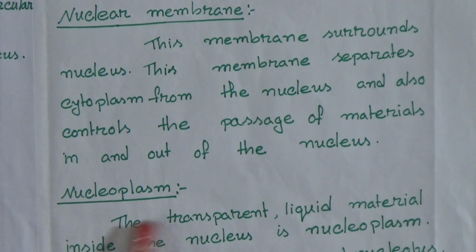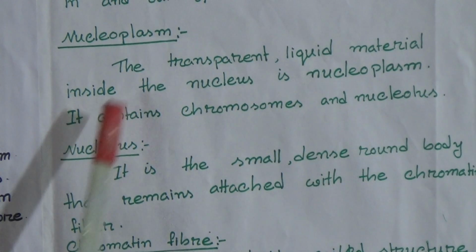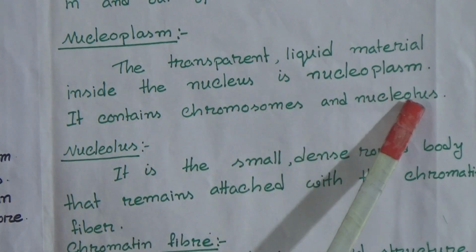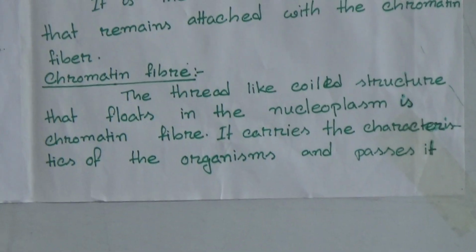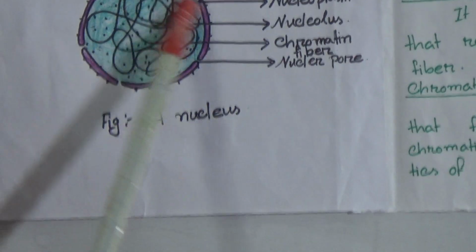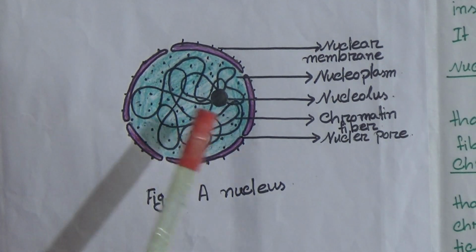Nucleoplasm, the transparent liquid material inside the nucleus, is called nucleoplasm. It contains chromosomes and nucleolus. So the liquid inside the nuclear membrane is called nucleoplasm, and it contains chromosomes and nucleolus.